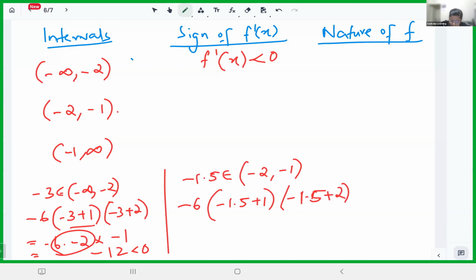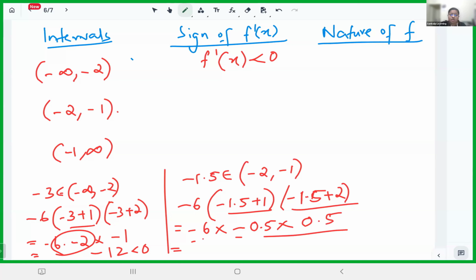So that is equal to -6 into -0.5 into 0.5, isn't it? Minus and minus get cancelled. So the value is 0.25 into 6, which is 1.5, which is greater than 0. So in the second interval, we have got that f dash of x is greater than 0.